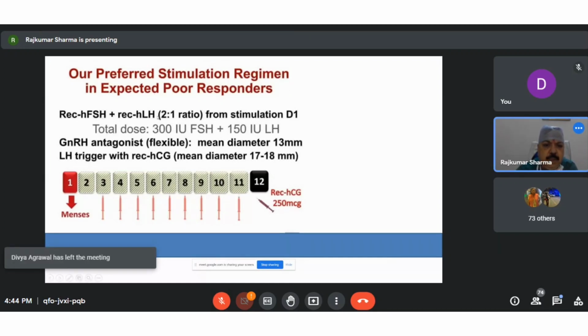In these patients, stimulation is started from day one with a combination of FSH and LH in a 2:1 ratio, and the antagonist protocol is used, with the antagonist added around the 13 to 14 millimeter follicle size. The trigger is given when the mean follicular diameter is more than 17 to 18 millimeter, with recombinant hCG 250 microgram.